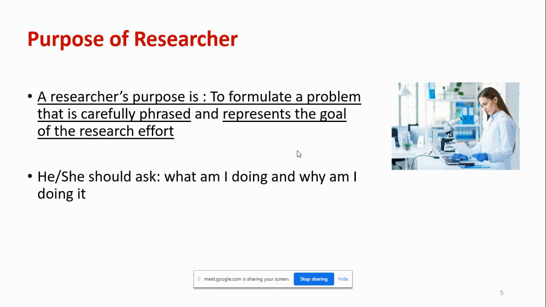You will be able to identify the problem and formulate it into a research question, hypotheses and objectives. Then you will do the research, analyze the findings and the data that you collect, and come to people and the decision makers with a conclusion that this one has a positive impact, this one has a negative impact, and so on.